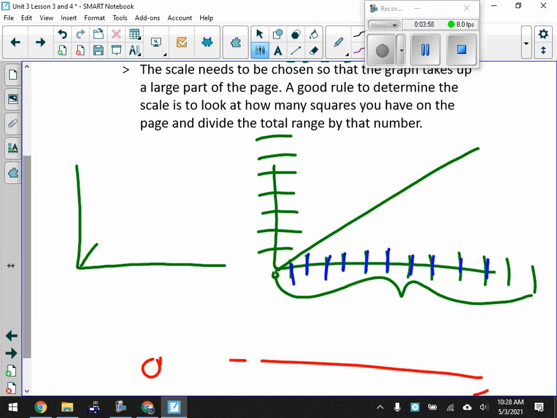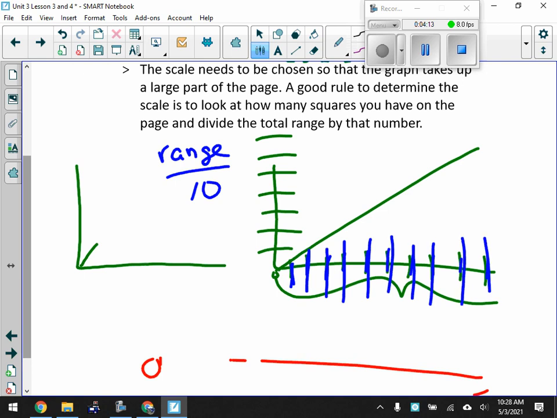Let's say there's only 10 in this case. Well, then I have 10 squares. And I take that range and divide it by, in this case, 10. And that would tell me what each one of these is worth. Maybe it's 5, maybe it's 7, maybe it's 10, I don't know. Same thing this way.